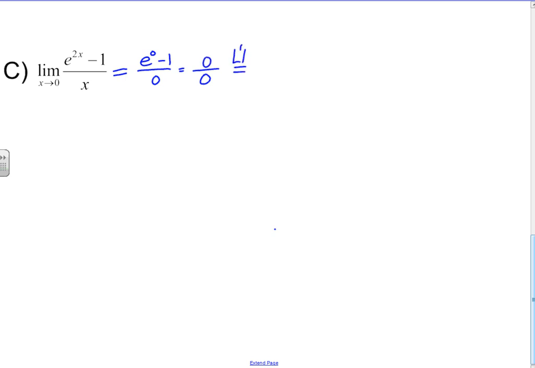So let's try it. Derivative of the top. It's good to keep writing that limit over and over because that indeed is what we're trying to evaluate. The limit as x heads to 0. Well, e to the 2x is e to the 2x. Chain rule would give us a 2 as well. Derivative of the bottom is simply 1.